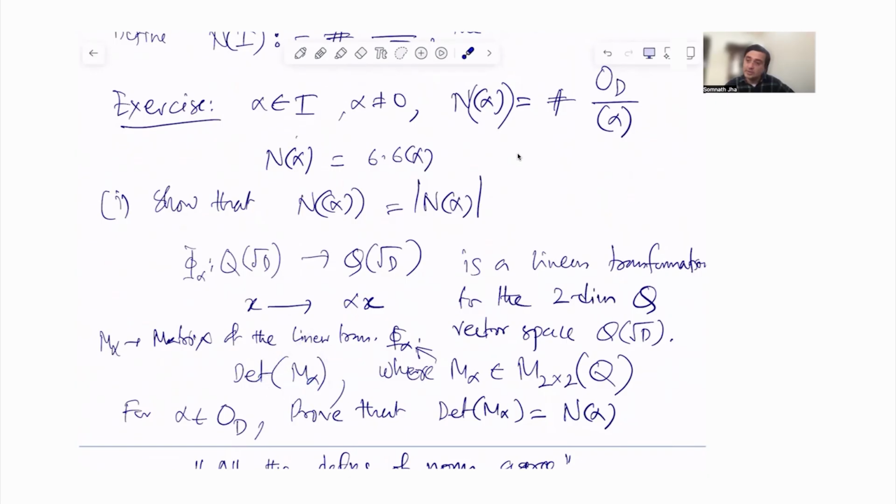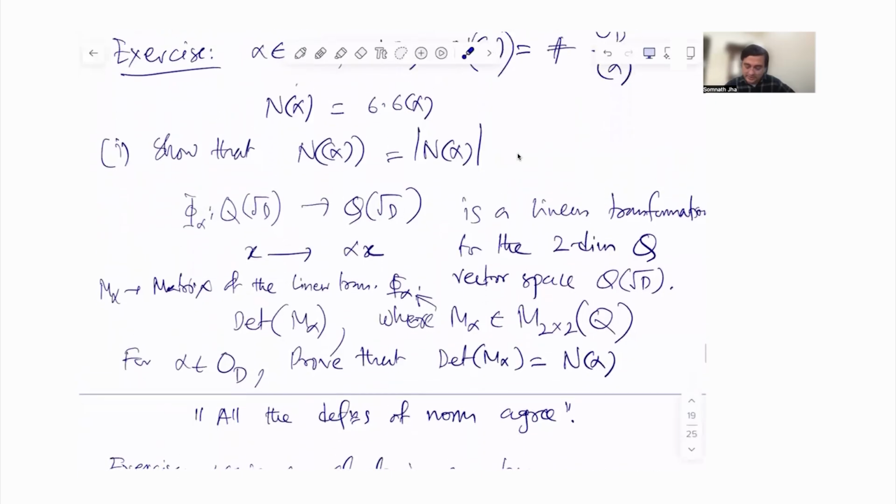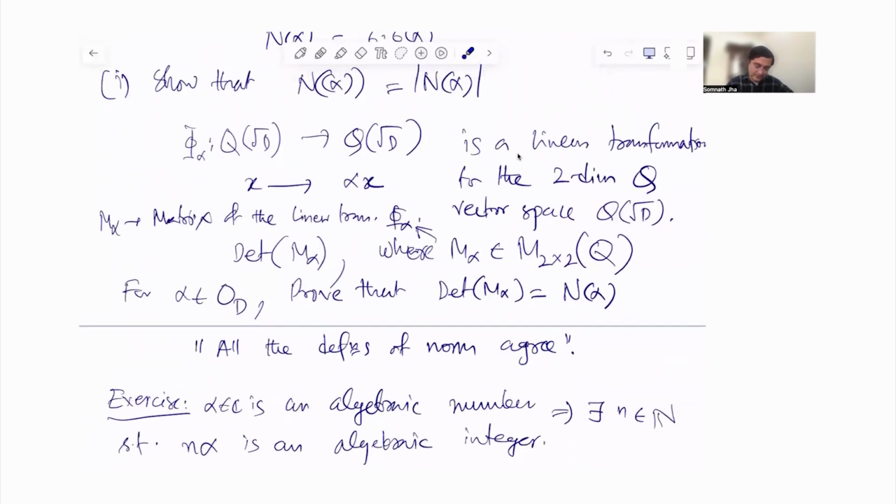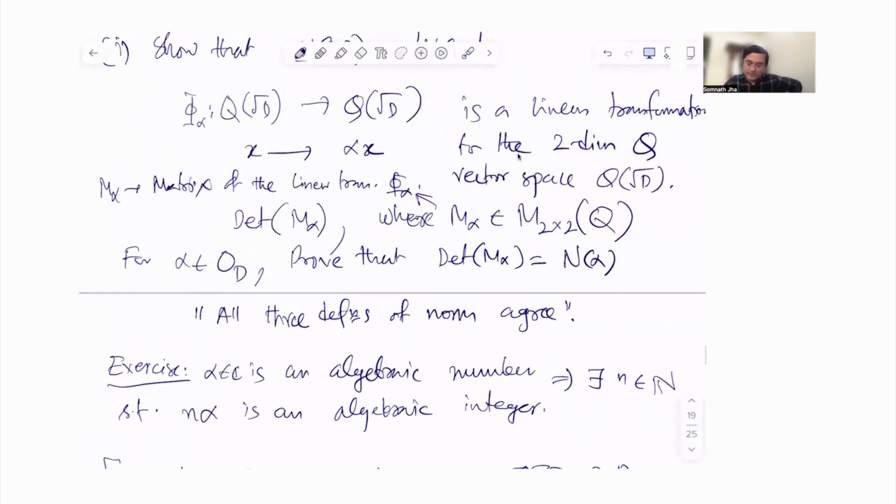Indeed, the constant term of the characteristic polynomial is the norm. So all three definitions of norm agree.